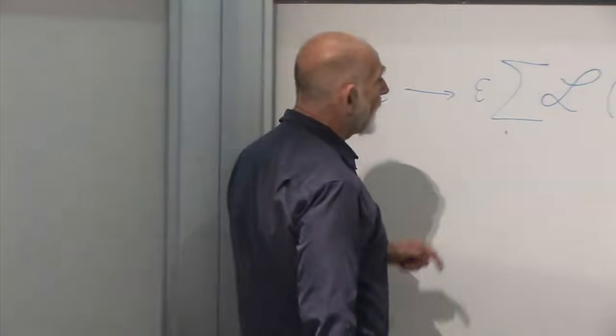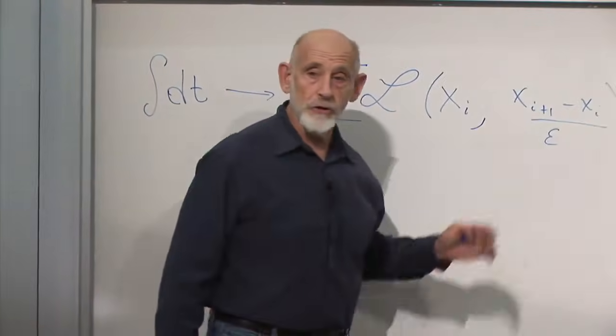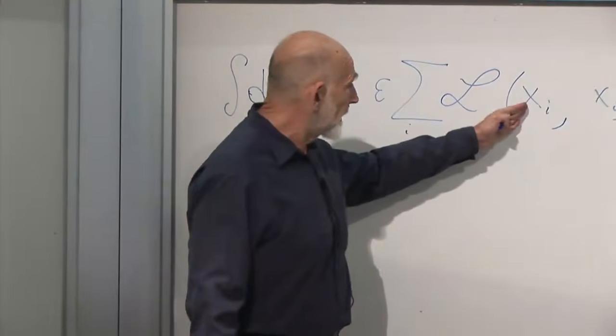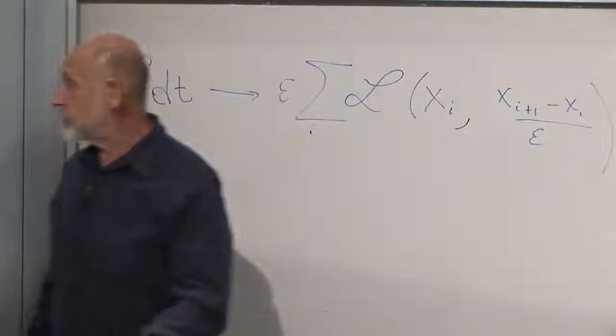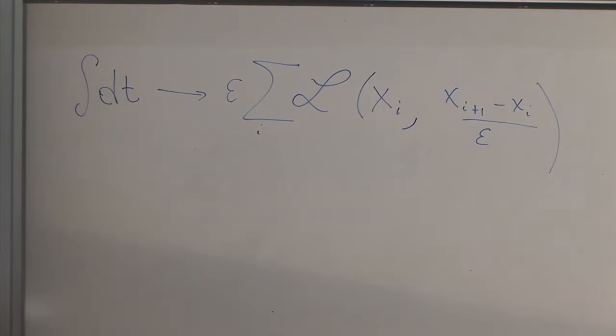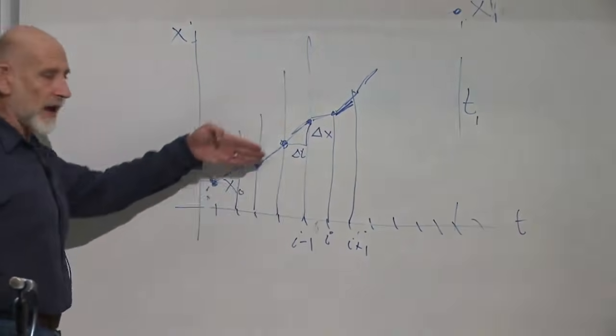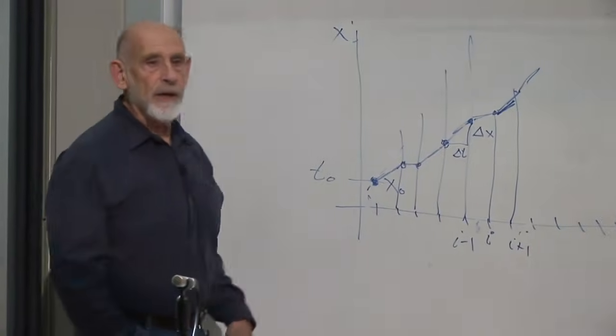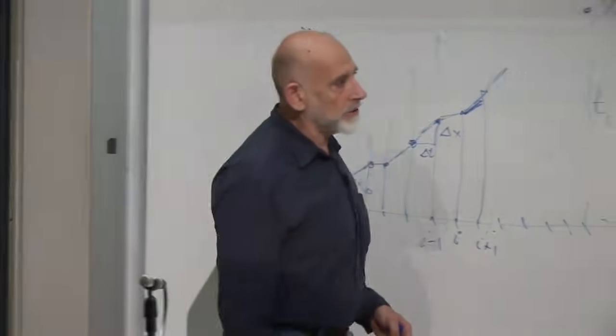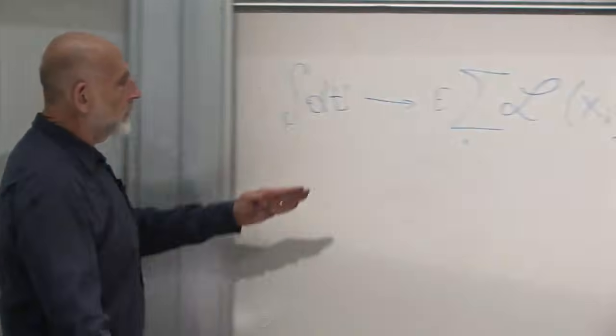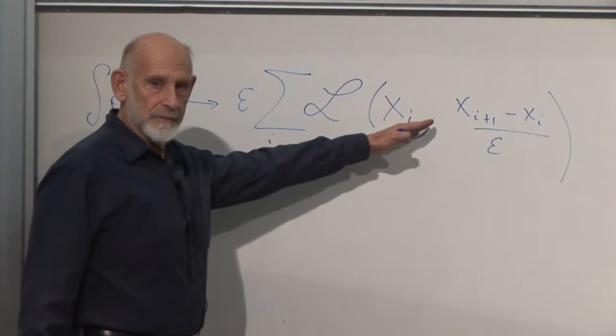Now we have a function which is only a function of some discrete variables, x sub I, all the x's. We've replaced the continuous function by a function of these heights. This is an ordinary function now, and we can ask to make it stationary. How do we make it stationary? By differentiating with respect to the xi's.